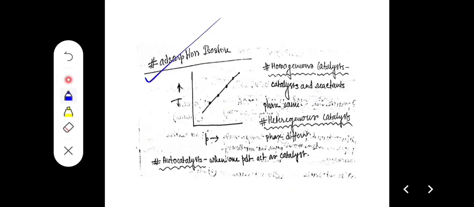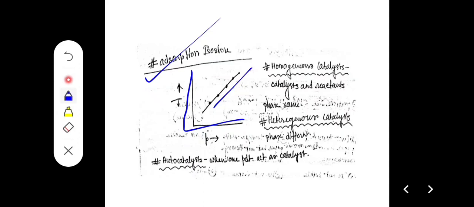Adsorption isostar: if we plot temperature versus pressure, we get a straight line. As we know, adsorption is inversely proportional to temperature and directly proportional to pressure. When pressure increases, adsorption increases. Consequently, when temperature increases, adsorption decreases.